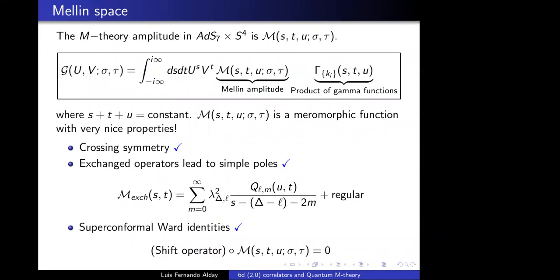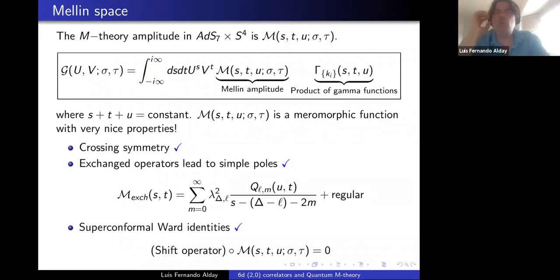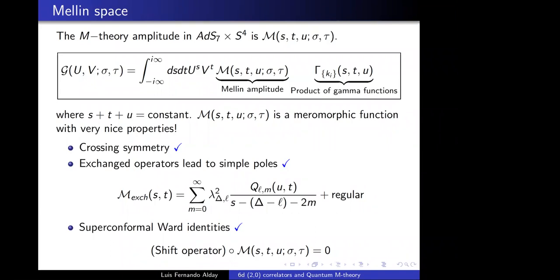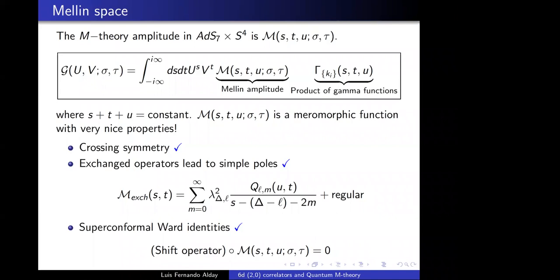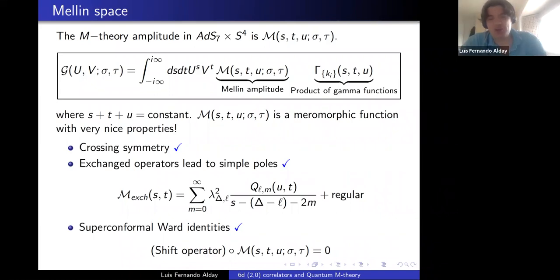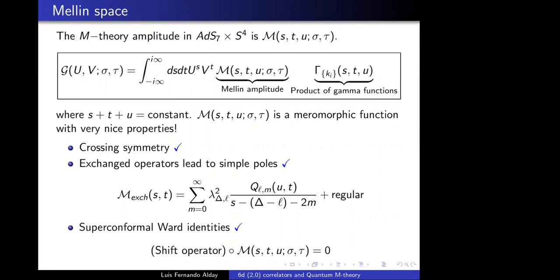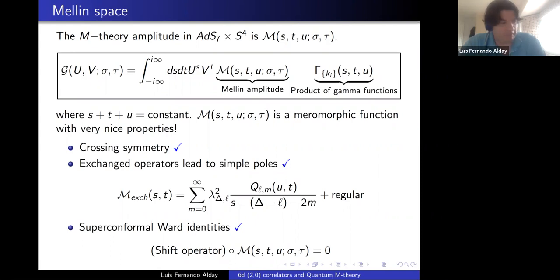The correct flat space limit will forbid certain contact diagrams. So that is important. There are solutions that are just pure contacts, but these solutions will be forbidden in the flat space limit.